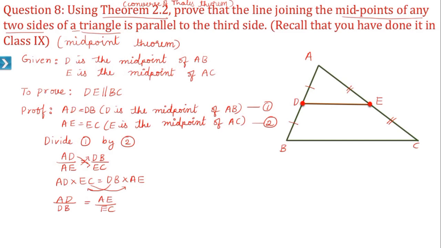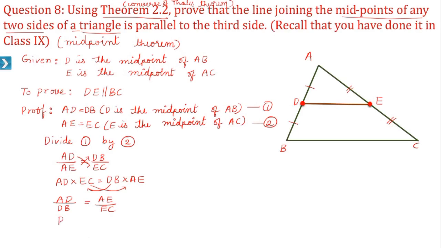Means side AB and side AC are divided in the same ratio. Line DE divides side AB and side AC in the same ratio. That means DE is parallel to BC.